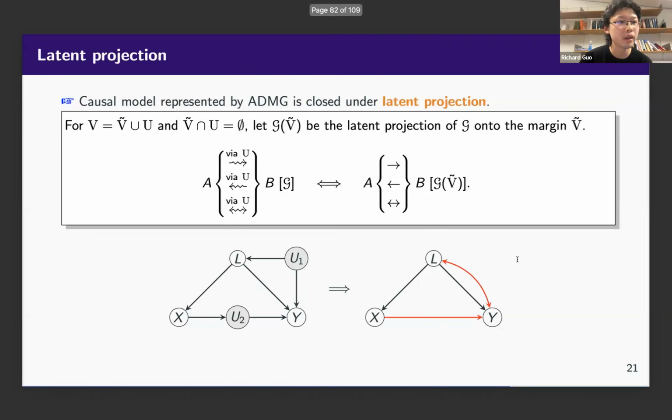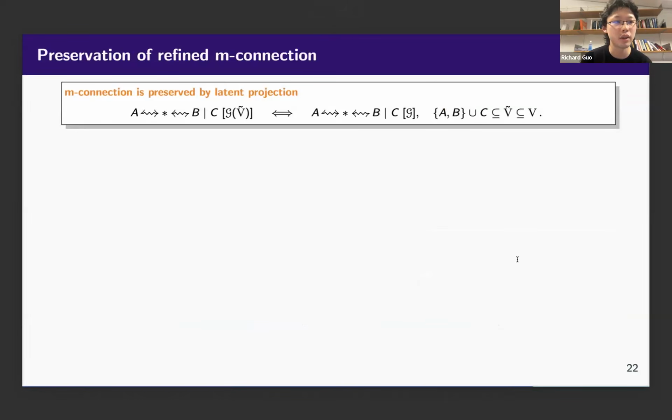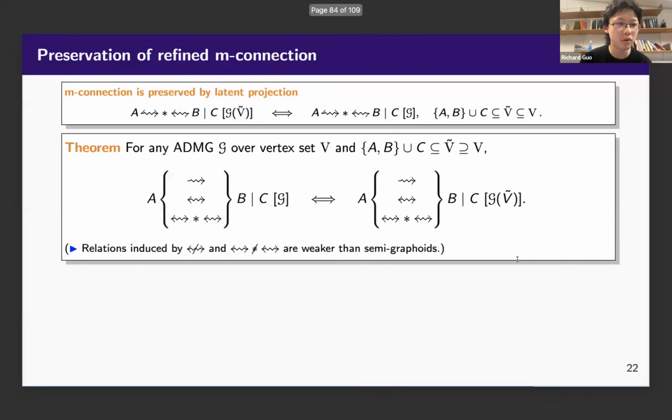Okay, so I think it's a pretty well-known result that M-connection is preserved by the latent projection operation, and what is key to our proposal is that we're able to show that the three refined M-connection relations, the directed arc, the confounding arc, and the confounding path, are also preserved by latent projection.